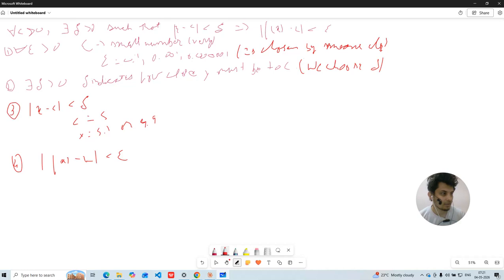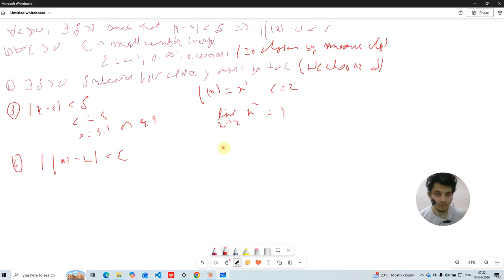So let's say f(x) is equal to x square. Let's take a simple example. f(x) equal to x square and c equal to 2. What we are trying to find out is the limit as x tends to 2 of x square, which is equal to 4, obviously.